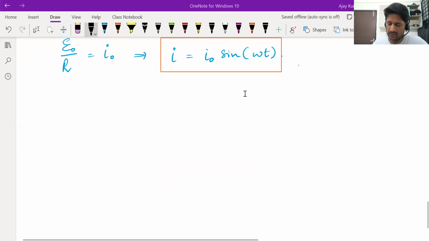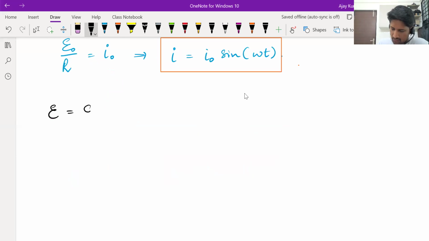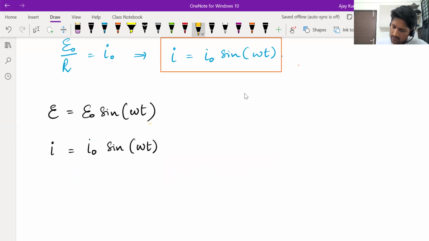Now let us discuss further about this. The EMF function we used is E is equal to E naught sine omega t. The current function we got is I is equal to I naught sine omega t. Since both are positive sine functions, whenever the EMF reaches its positive peak value, at the same time the current will also reach its positive peak value.